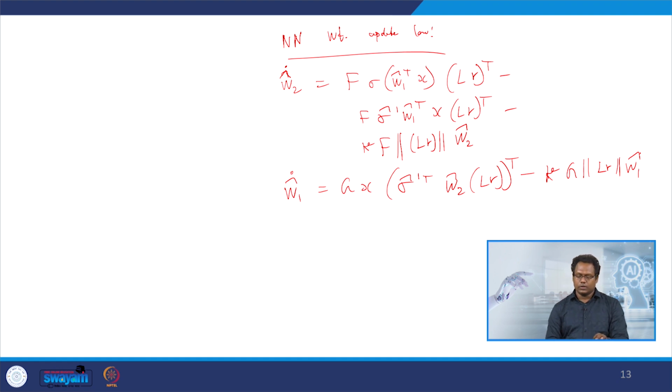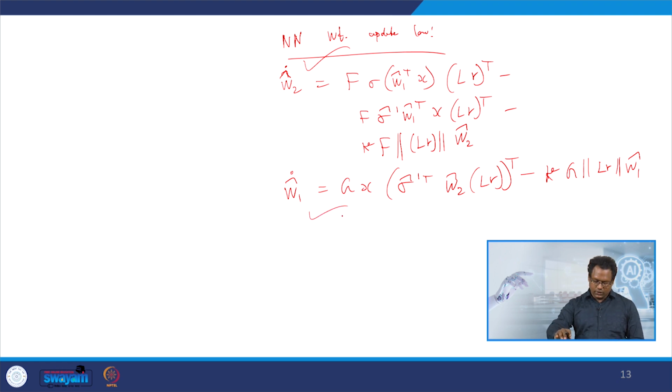So the controller of the neural network based hybrid position force controller and the network weight update law are given in these two equations, W2 hat dot and W1 hat dot.